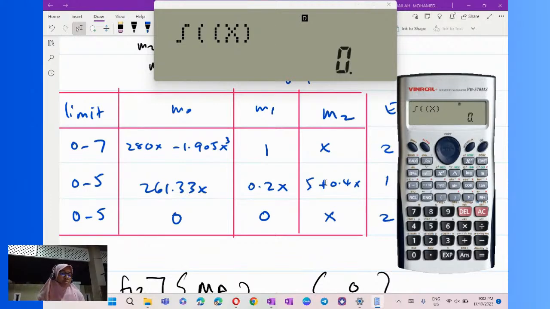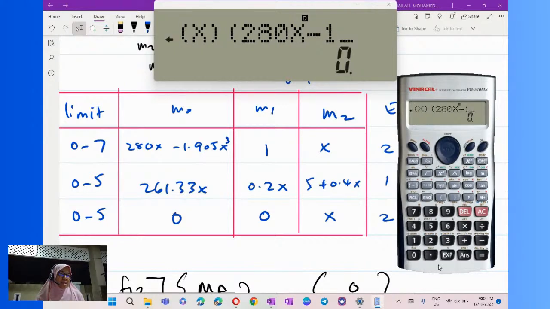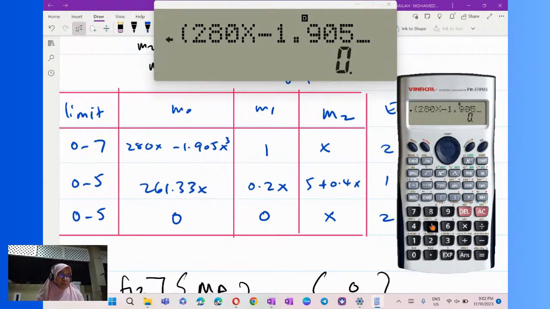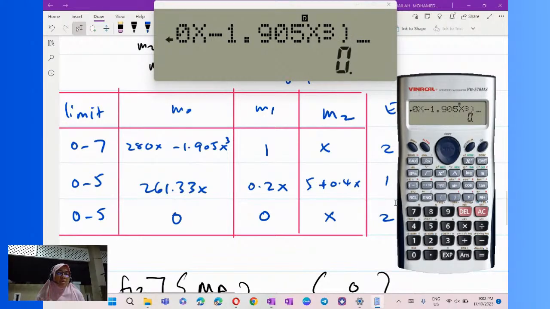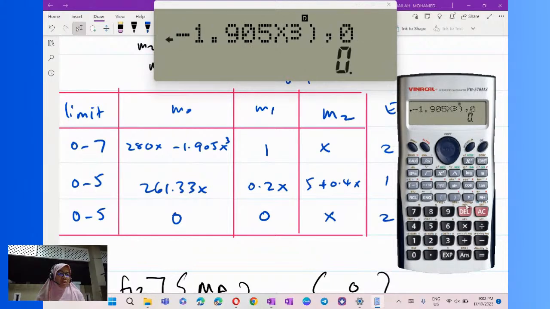M2, M naught: 280x minus 1.905x cubed, the limit is from 0 to 7.